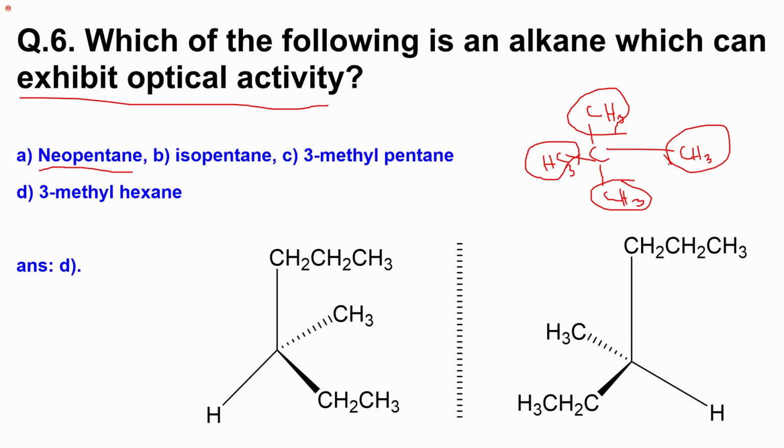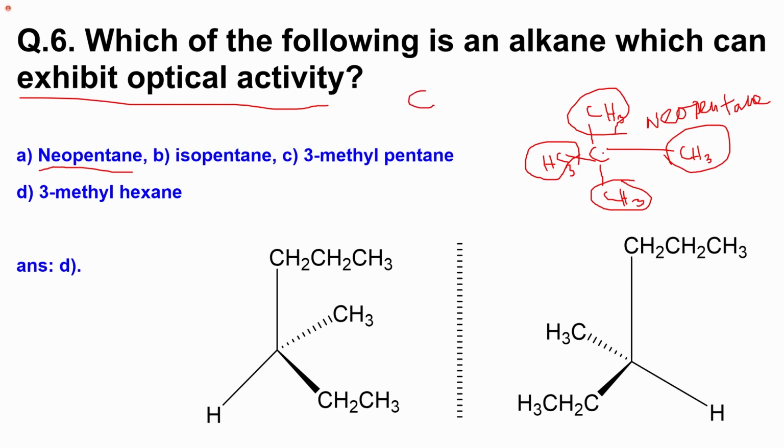But now, this is the neopentane structure. Now, what is the difference between neopentane and isopentane? Whenever isopentane is there, at least one CH group will be present. Neopentane has a quaternary carbon.